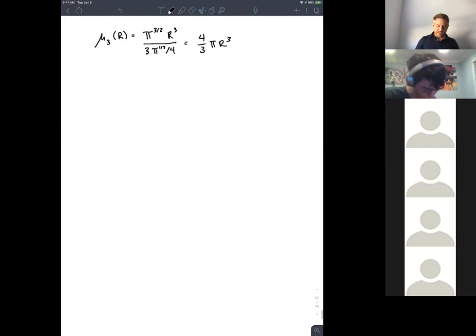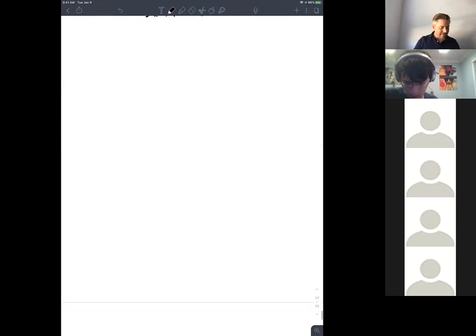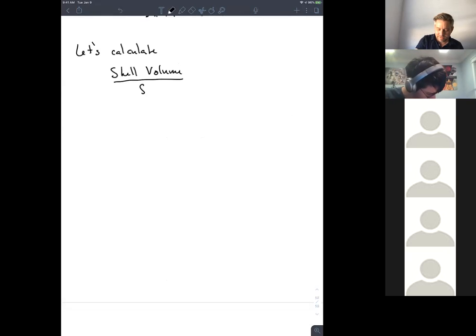All right, so now what we want to calculate is, so let's calculate this quantity. That is the volume of our shell. So our shell volume per delta E. Okay.